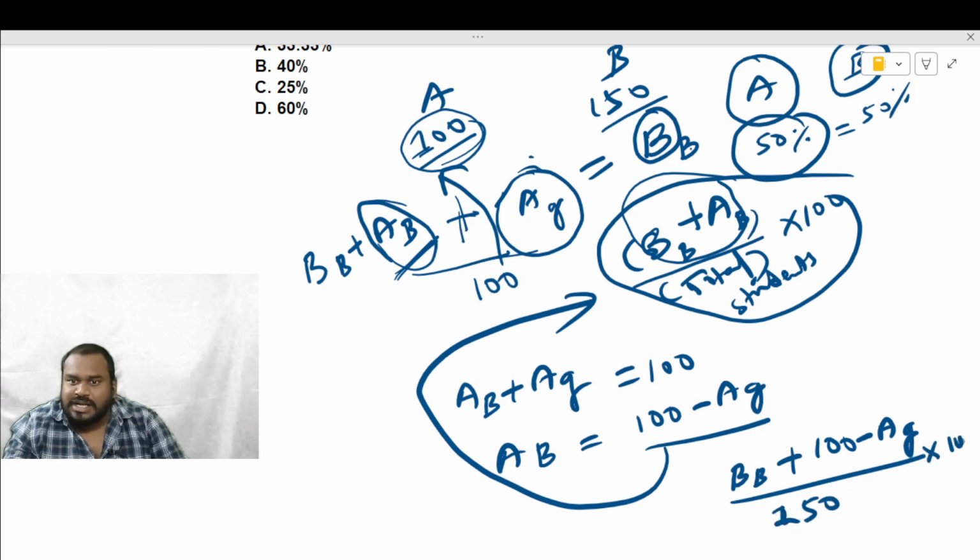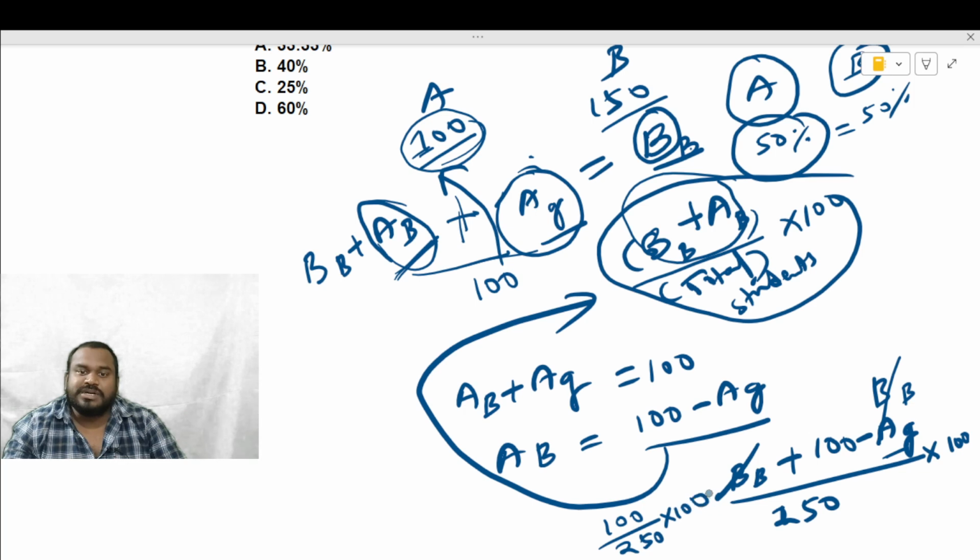Into 100 I need. But the AG value I don't know. But I know AG is the same as BB, so I'll put BB in place of AG. Why? Because BB plus BB gets cancelled. Then I'll be left with only numericals: 100 by 250 into 100.